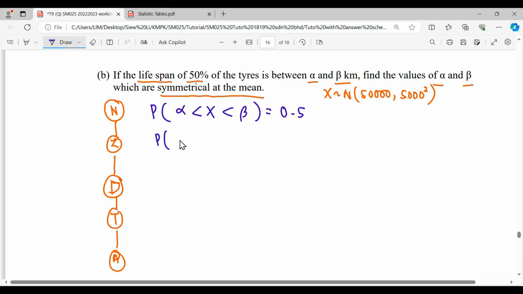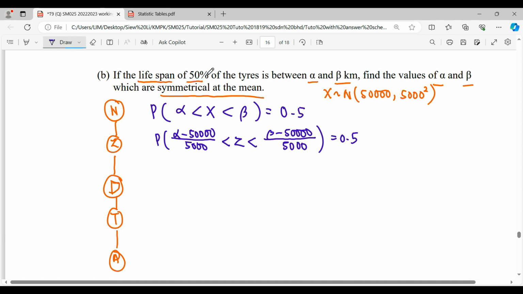So to change to z-score, alpha we're going to minus 50,000 over standard deviation 5,000. Then x we change to z-score. Then beta minus 50,000 over standard deviation 5,000. Let us denote this to be A.